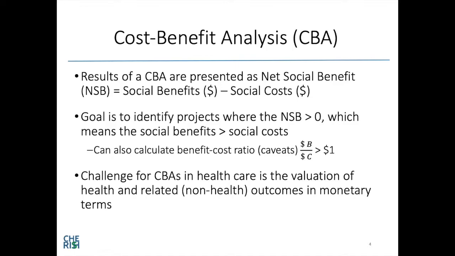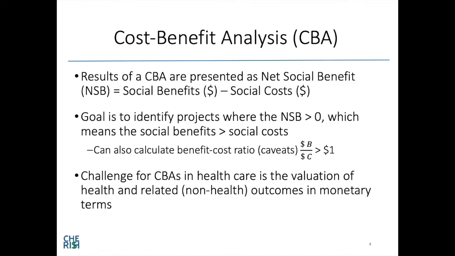If the net social benefit is greater than zero, then we show the program is a good value and cost saving for the analysis timeframe. Program costs and benefits can also be compared in the benefit-cost ratio by simply dividing economic benefits by program costs. If the ratio is greater than 1, the benefits outweigh the costs.